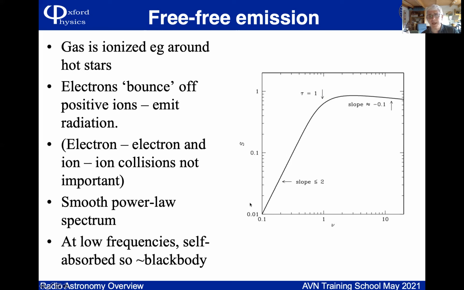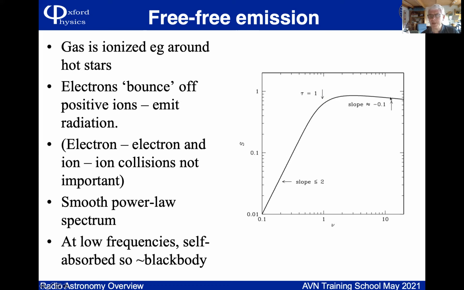This also gives a very smooth radio spectrum. At lower frequencies, it's actually possible for the radiation to be absorbed by the same population of electrons that's emitting it. And so you end up seeing something which looks very much like a thermal hot object.